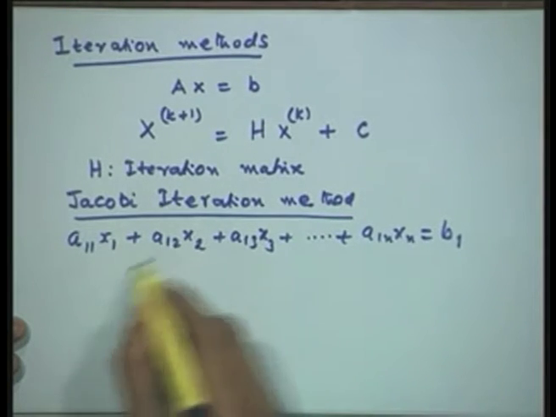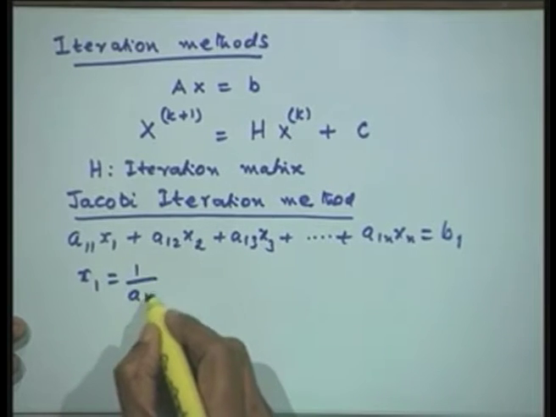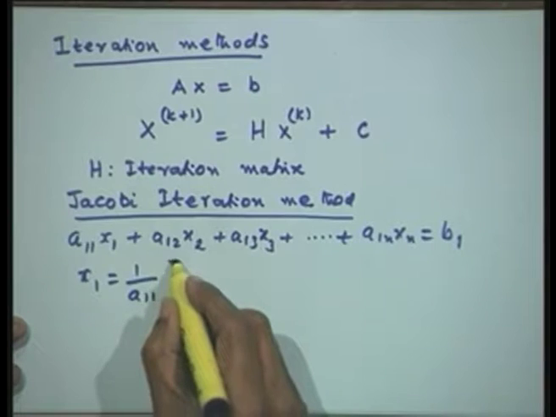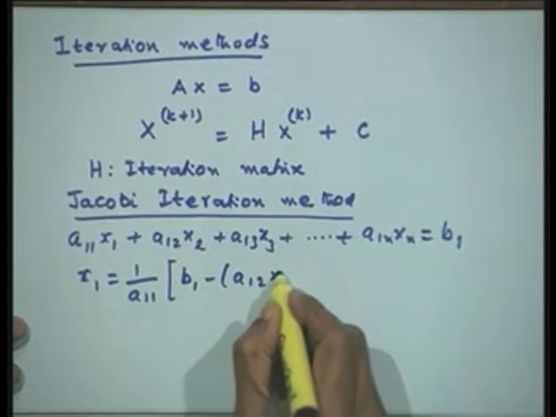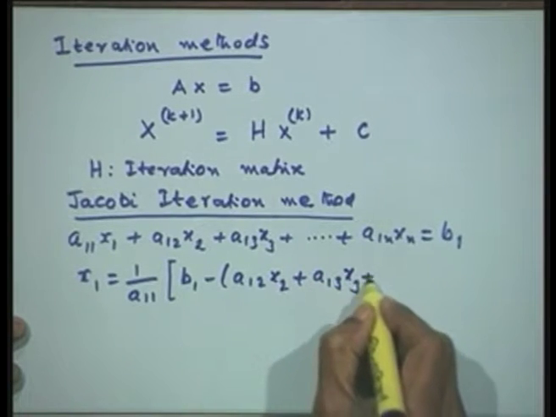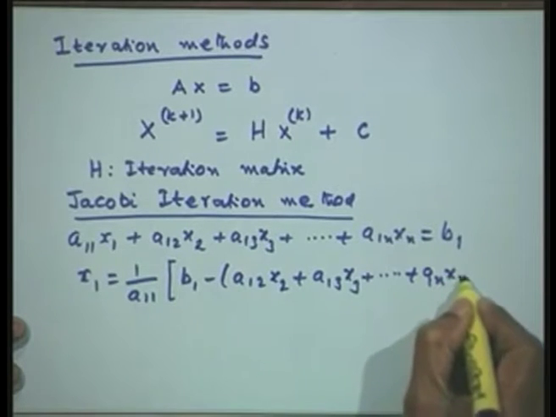That means I would write this as x1 = 1/a11 (b1 - a12 x2 - a13 x3 - ... - a1n xn). I have taken everything to the right hand side and divided by the pivot.